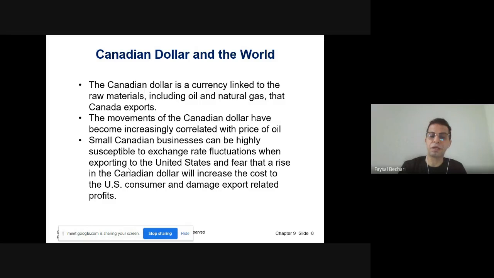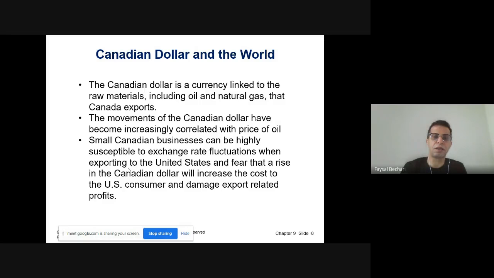But that affects small Canadian businesses, which can be highly susceptible to the exchange rate when they export to the United States, and they fear that a rise in the Canadian dollar will increase the cost of goods for U.S. consumers and reduce export-related demand. See, when the Canadian dollar goes up, the Americans who want to buy the same product have to pay more. When they have to pay more, the Americans will buy less. So that affects the small businesses of Canada.